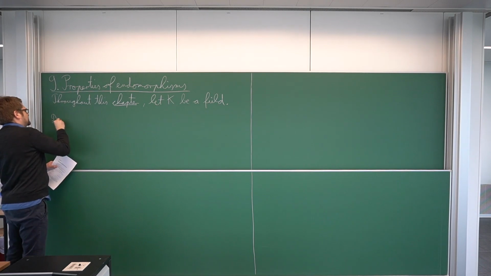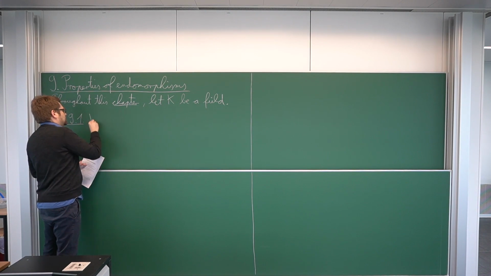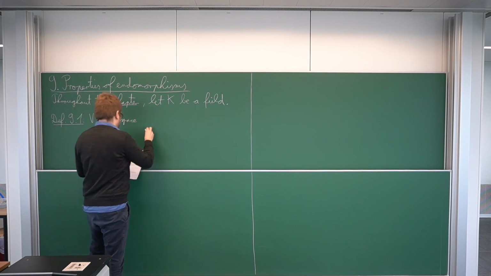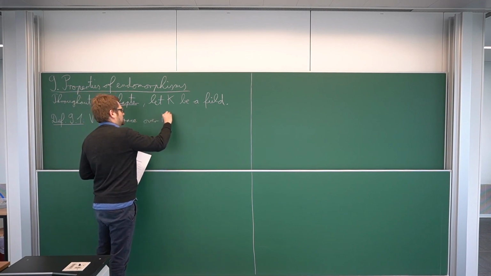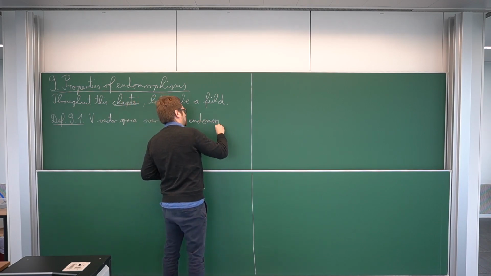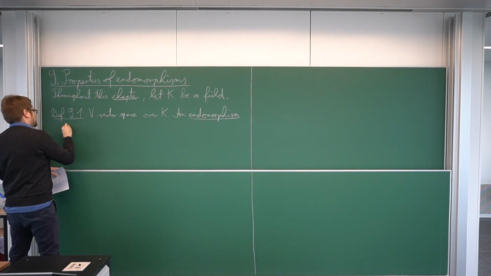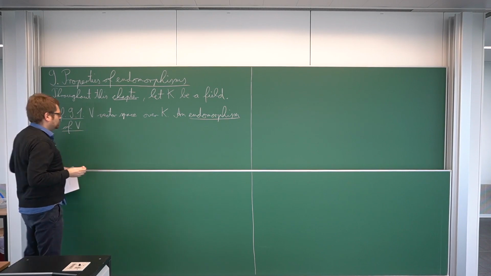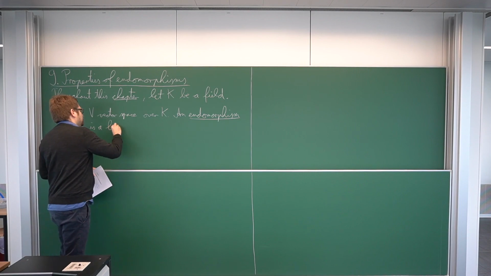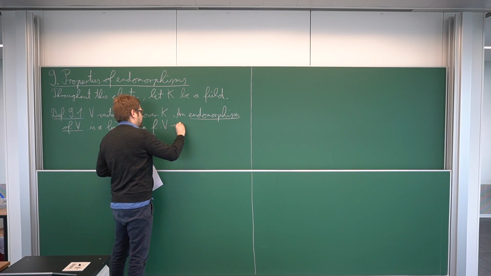Now, endomorphisms. Definition 9.1. Let V be a vector space over K. An endomorphism of V is something we've seen already quite a few times, namely just a linear map from V to itself.